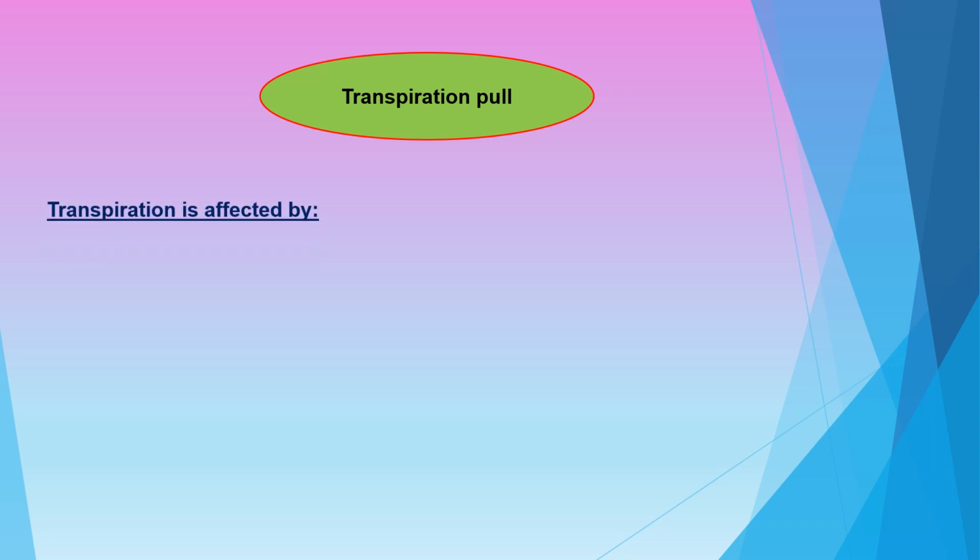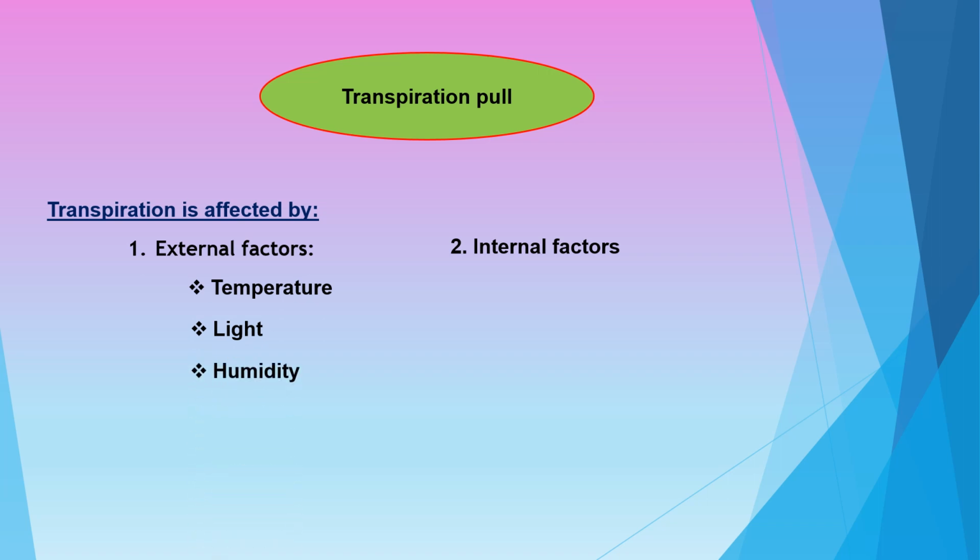Now, what affects transpiration? External factors and internal factors. First, the external factors: temperature, light, humidity, wind speed.